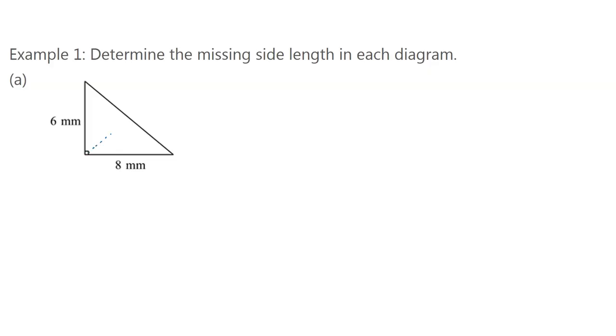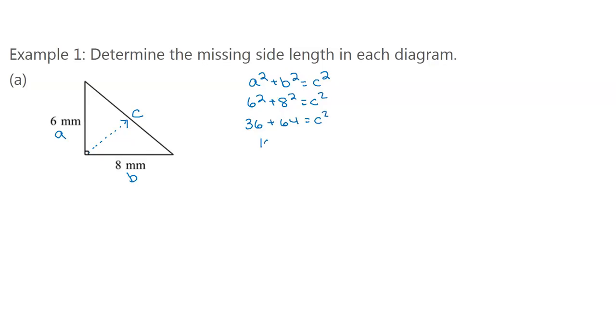So here the missing side length is across from the 90, so we'll label this one c, this one a, and this one b. So now I'll just plug those values into my Pythagorean theorem. a is 6, b is 8. Now 6 squared is 36, and 8 squared is 64.